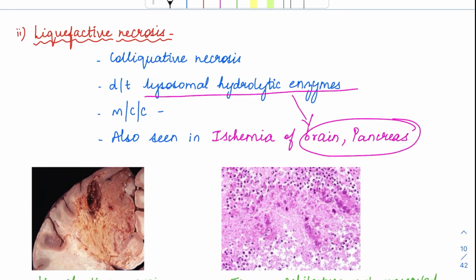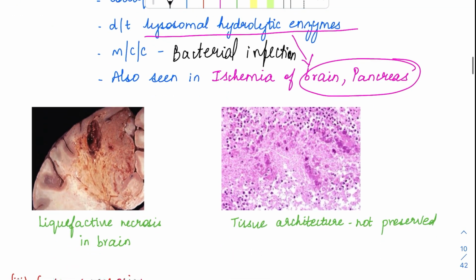And the most common cause of liquefactive necrosis is actually bacterial infection. So in any infection, the tissue architecture is not preserved. You see lots of inflammatory cells and the entire tissue has become a liquid-like state. So that is because the most common cause is bacterial infection.